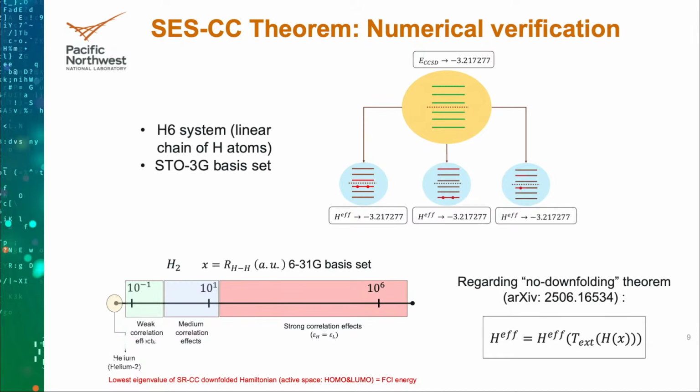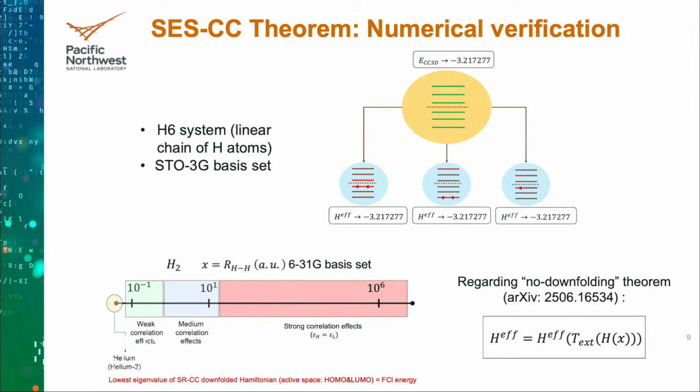The reason is very simple, because in the original paper published by Troyer, it was assumed that effective Hamiltonians do not depend on those monodromy parameters. Actually, in our case, it does, because it goes through all amplitudes which define external amplitudes which define effective Hamiltonians. So there are two different stories.